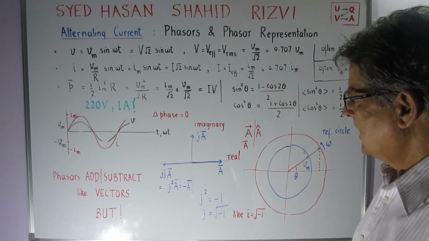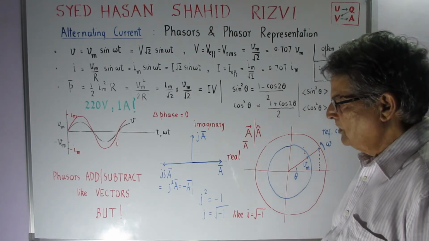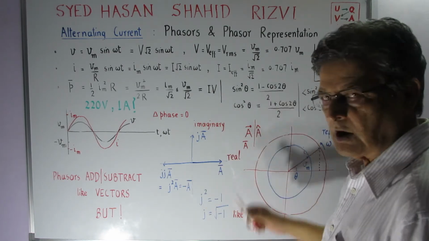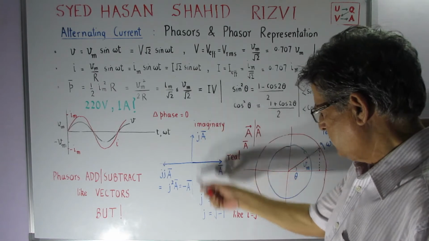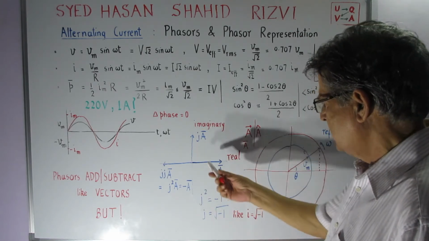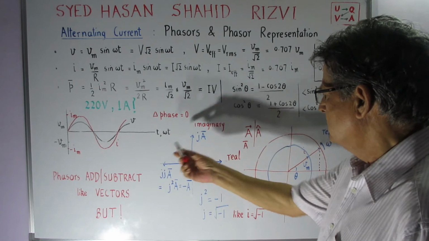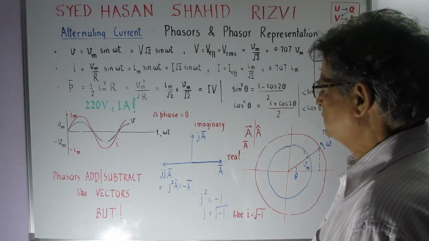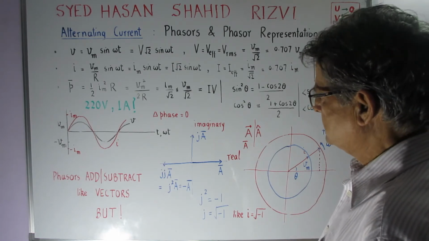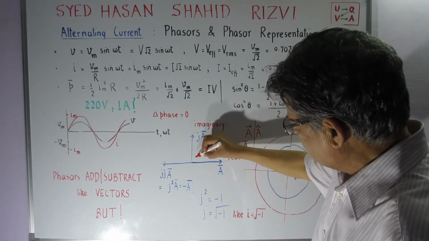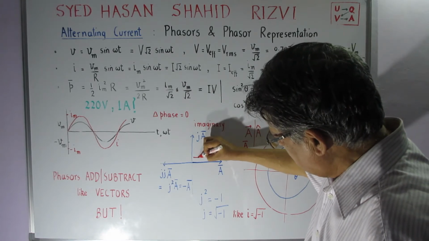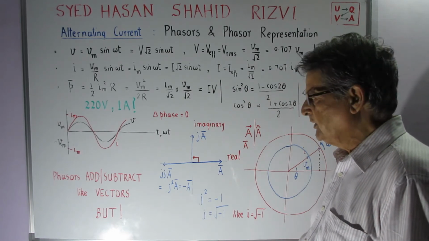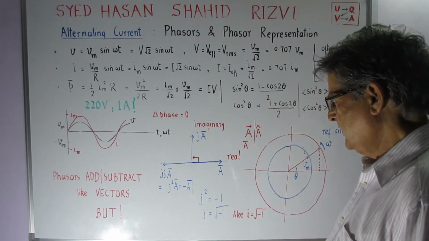So this is a phasor. Now we take advantage of the two-dimensional XY axis. This axis makes an angle of 90 degrees with this axis, x minus x, y minus y. Now here is the beauty. If I rotate this phasor through pi by 2 or 90 degrees, I get a new phasor.